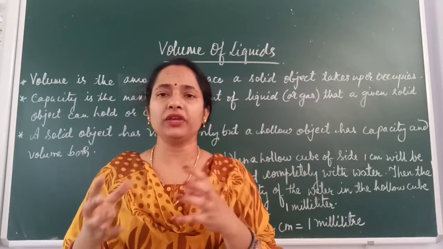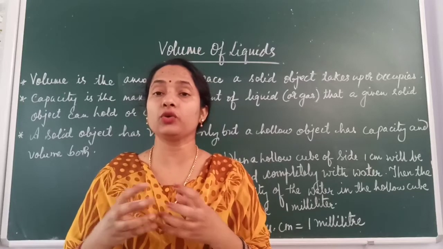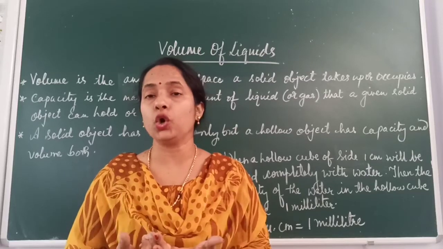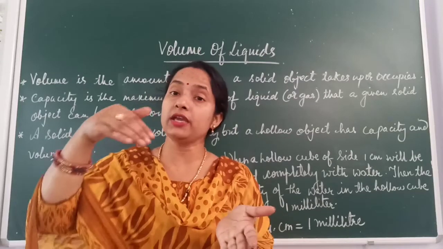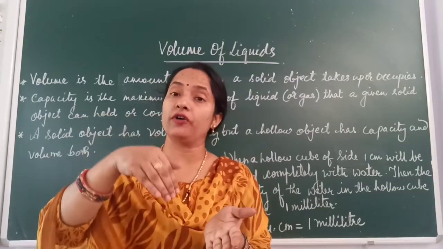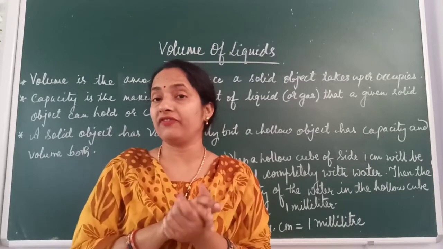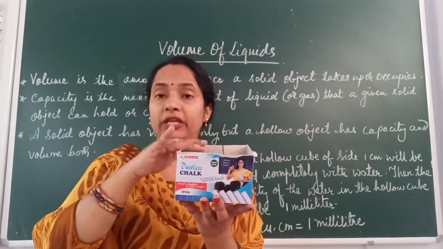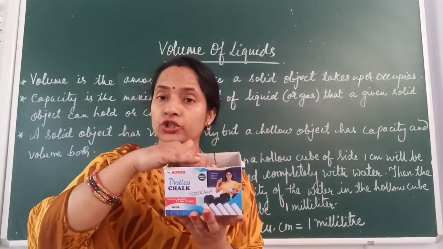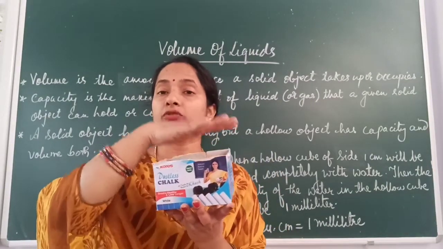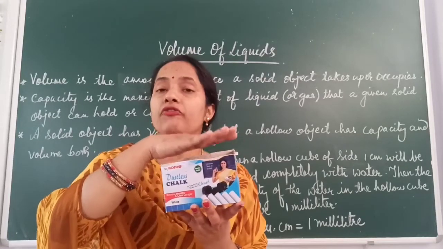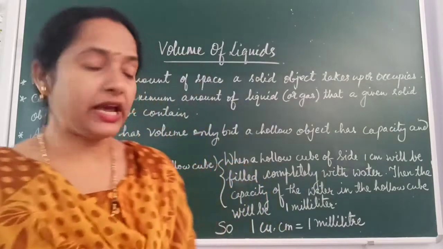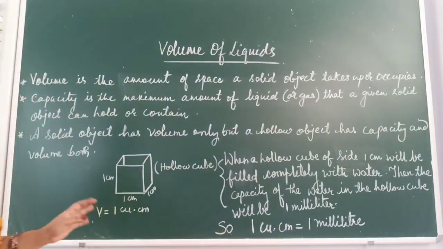So how can we show that the capacity of the liquid that is filled inside any empty or hollow solid object will be equal to the volume of the object? For this we first have to understand all these definitions.